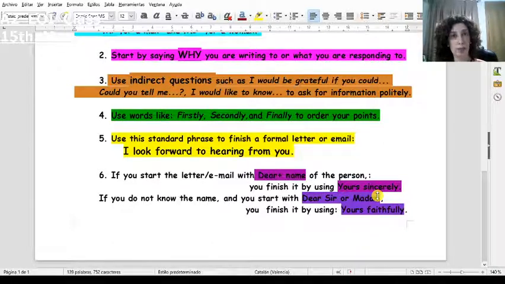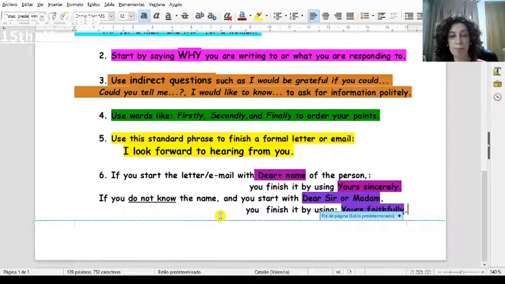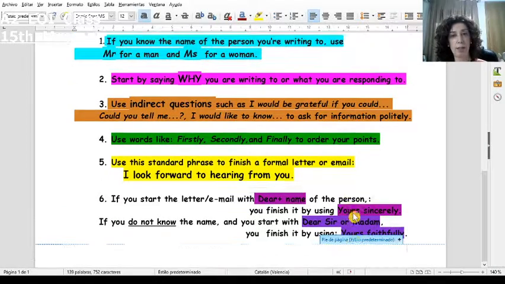Suyo sinceramente. But if you do not know the name and you start with dear sir or madam because you don't know the person, you must finish by using yours faithfully. Atentamente. Yours faithfully. Is it clear?